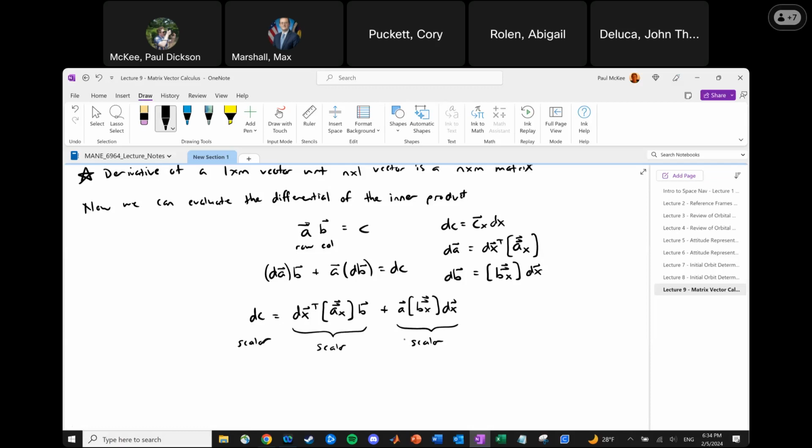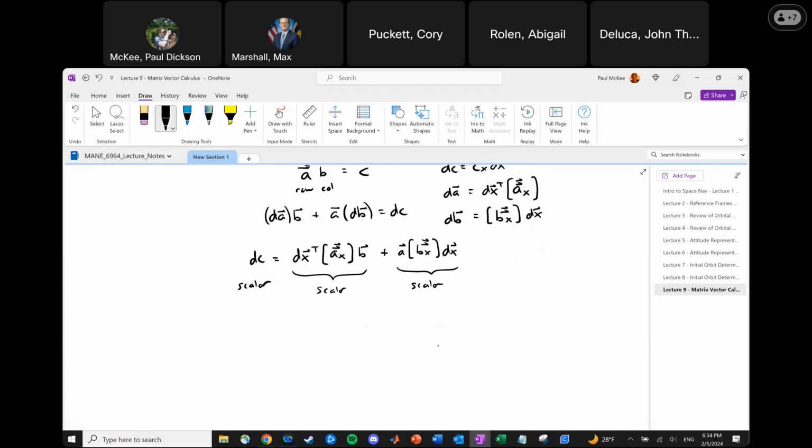And we also know, here's a little fun, cheaty trick, remember, that a scalar transposed is unchanged, right?